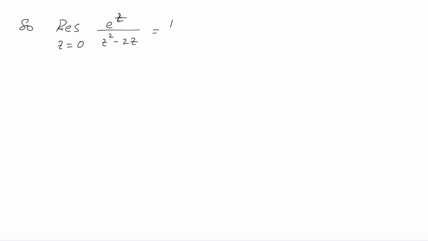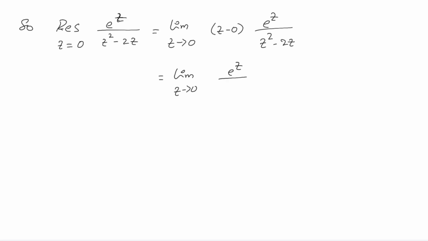So we have limit z tending to 0 of z minus 0 times e to the power of z divided by z square minus 2z. So in total this is limit z tending to 0 of e to the power of z divided by z minus 2. Hence by applying this limit we get e to the power of 0 divided by minus 2, that is equal to minus 1 divided by 2. This is the residue of the function f of z, e to the power of z divided by z square minus 2z, at the point z equal to 0.